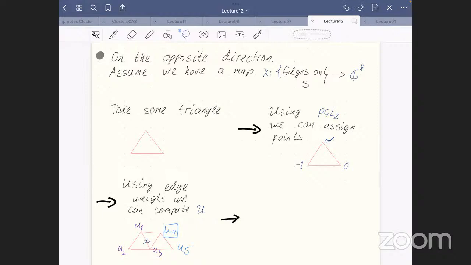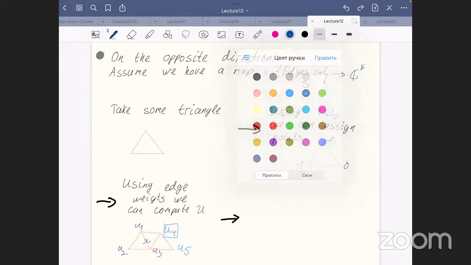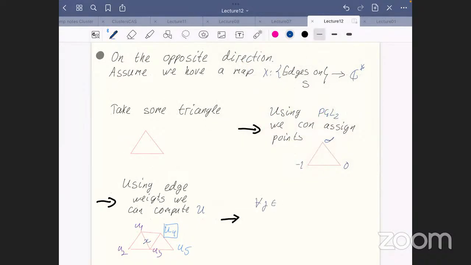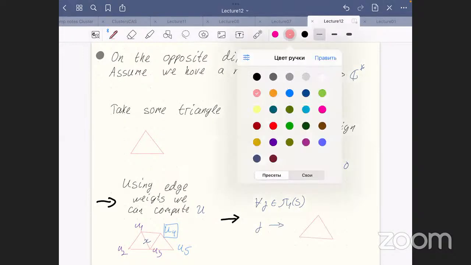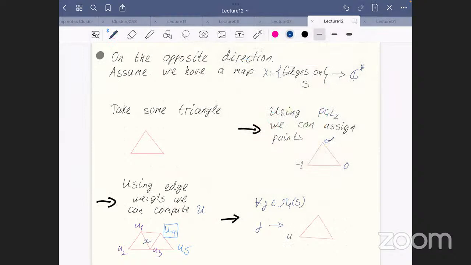So for any loop gamma in S, if you go by gamma, you obtain the same triangle, but in principle with other points u1, u2, u3.